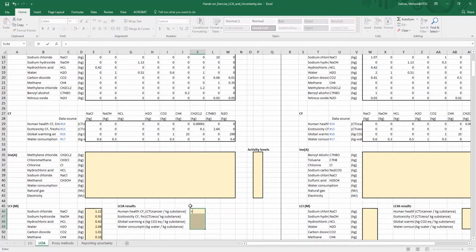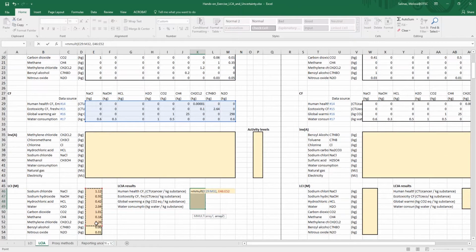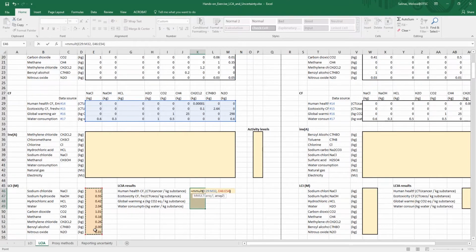Then we type MMULT, and first select the characterization factors, then a comma, and then the life cycle inventory here. And then the same trick, Control Shift Enter, will generate the characterized result for human health, ecotoxicity, global warming, and water consumption. So for the first time, we are now generating environmental impact scores.